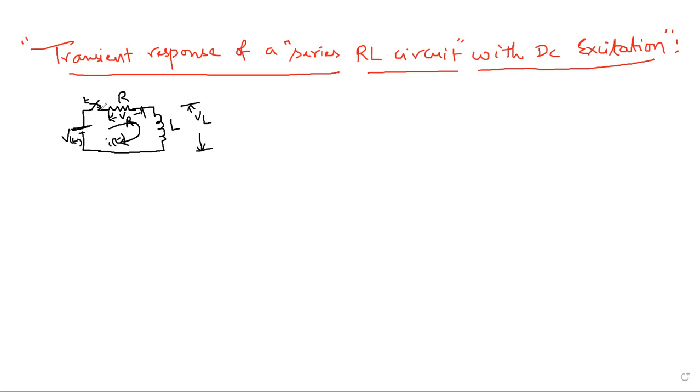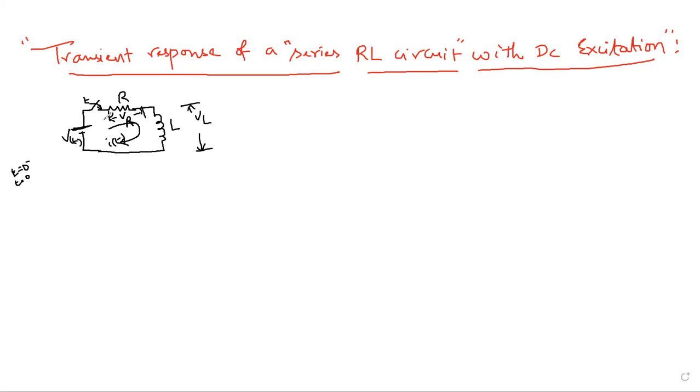That means, let us take t equal to 0 minus, just before the switch is getting closed. During that time, the amount of current passing through this RL circuit should be 0, since the switch is not closed yet. But at t equal to 0, the switch is getting closed.